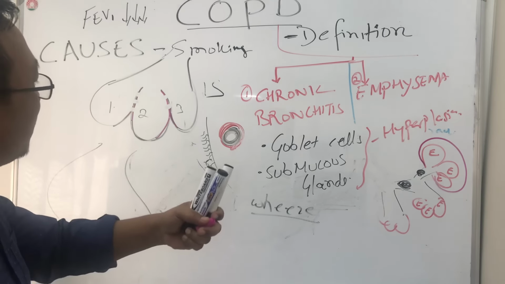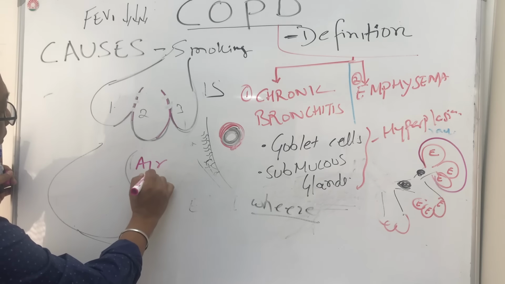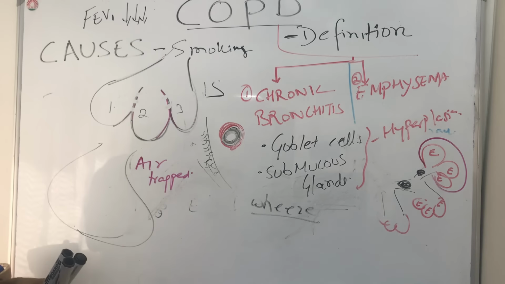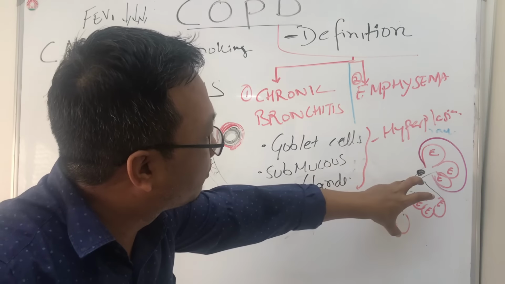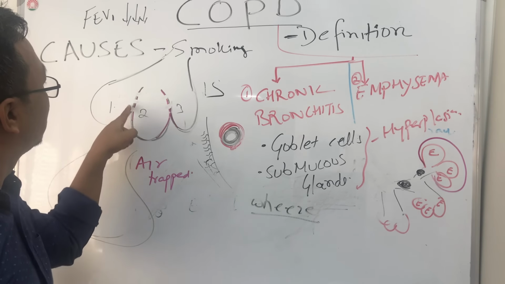So what's happening in emphysema here is air trapping. Air is trapped because of the destruction of the air sacs.